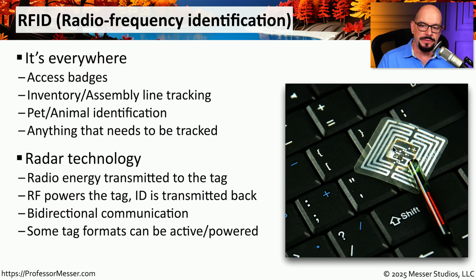The scanner then receives an ID code from the tag and then compares that to the information it has in a database to determine what that ID tag is referencing. There are also other types of RFID tags you might run into that do have batteries that are able to be actively powered so that you're able to scan that device from a longer distance away.